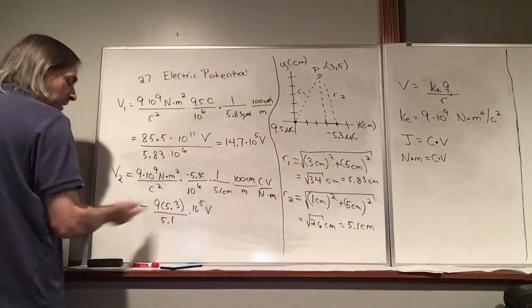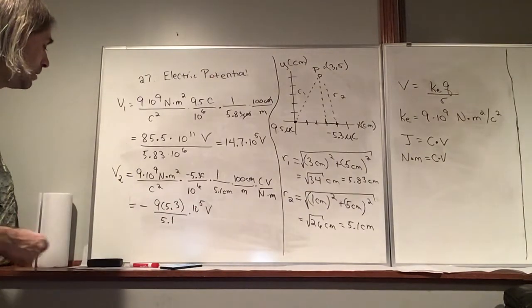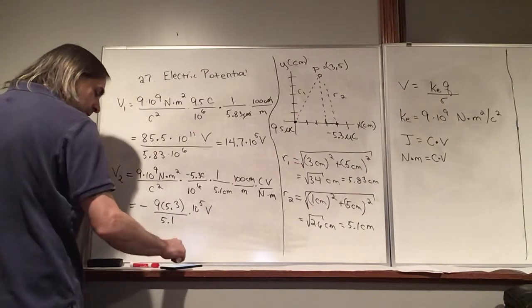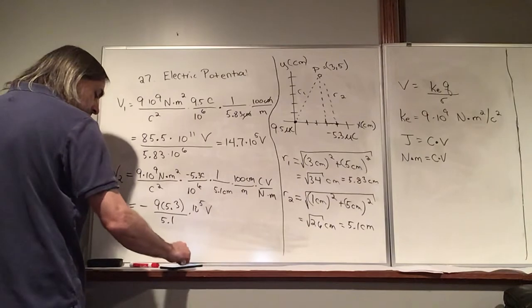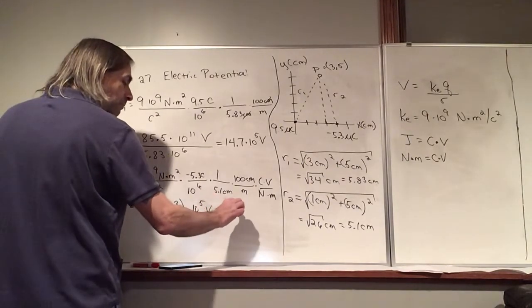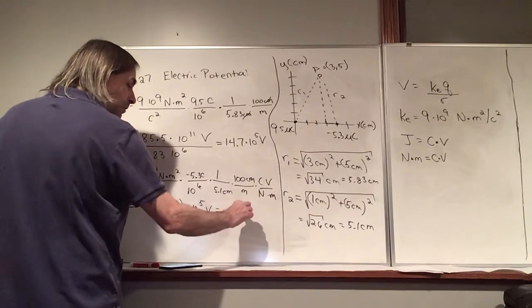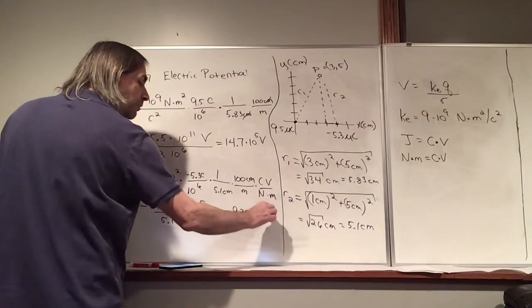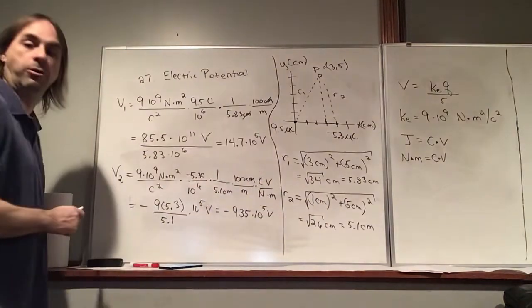Okay, so this is going to be a little more than 9. 5.3 over 5.1 is a little more than 1. Let's actually calculate that. Yeah, about 9.35, obviously negative, times 10 to the 5th volts. And again, they have the same exponent.